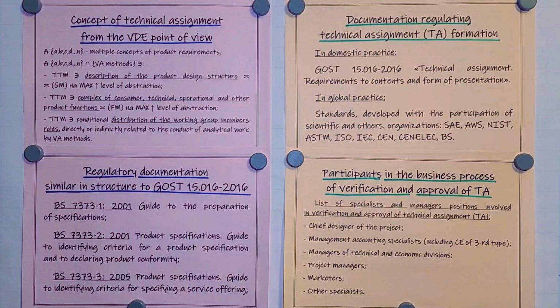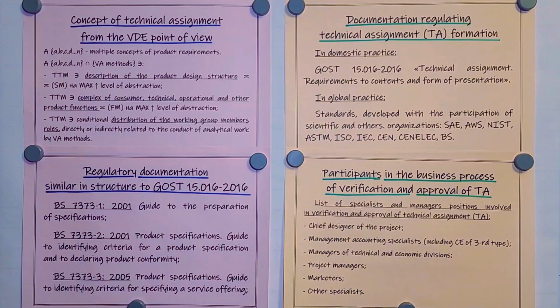For example, Society of Automotive Engineers, American Welding Society, National Institute of Standards and Technology, American Society of Testing and Materials, International Organization for Standardization, ISO, International Electrotechnical Commission, European Committee for Standardization, European Committee for Electrotechnical Standardization, British Standards, etc.